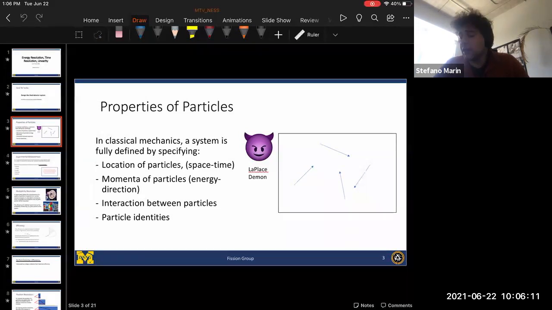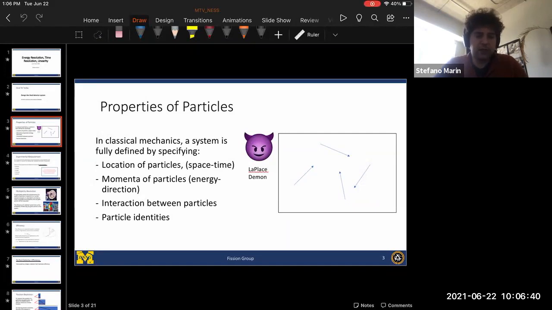The second thing is we have to know at what moment and position the particle was emitted, or at some point in time and space where the particle was. At the same time, we also know the direction that this particle is moving. The direction and the velocity can be put together as the momentum of the particle.